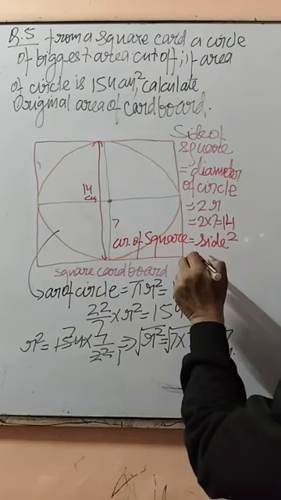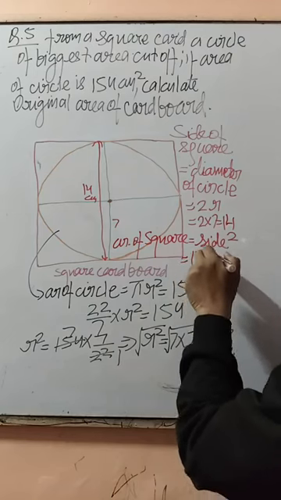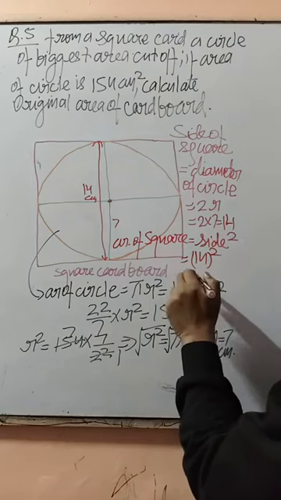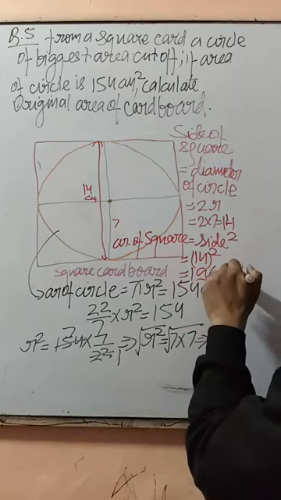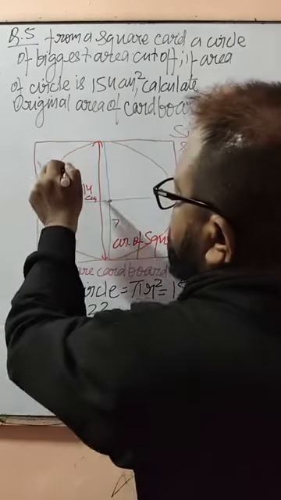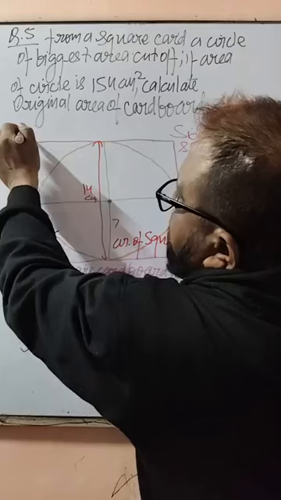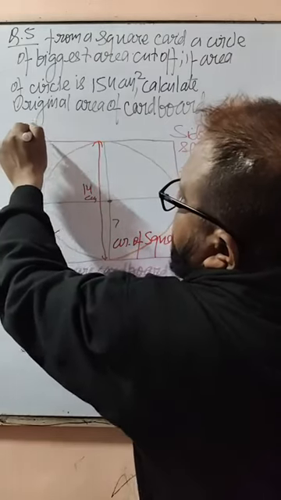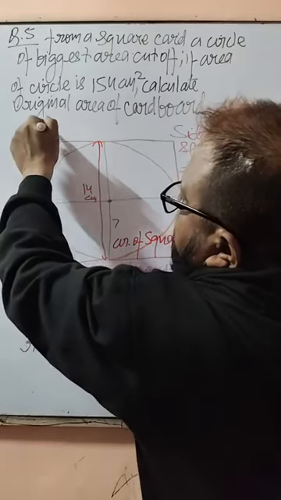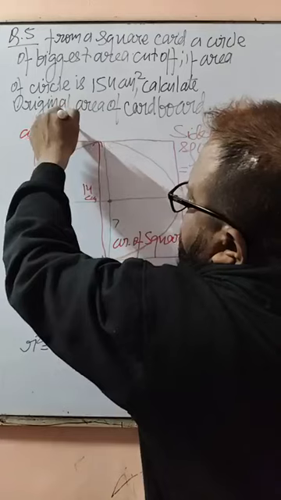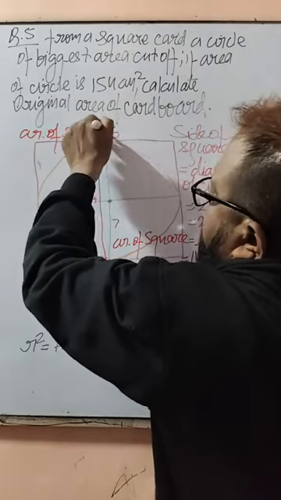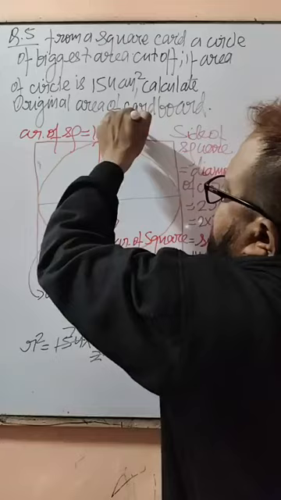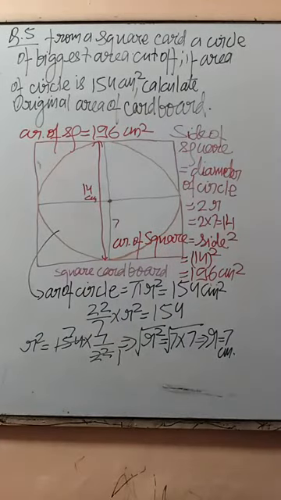So 14 whole square, 196. 196 centimeter square. Right? So area of square is equal to 196 centimeter square. You have done this? Yes.